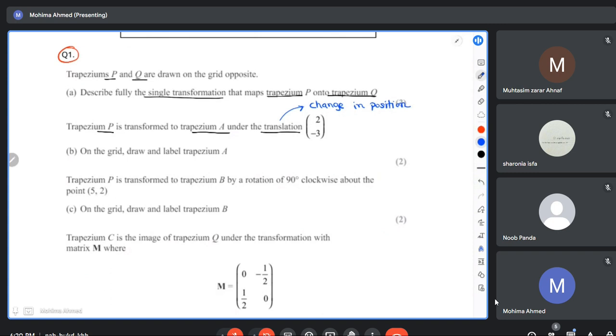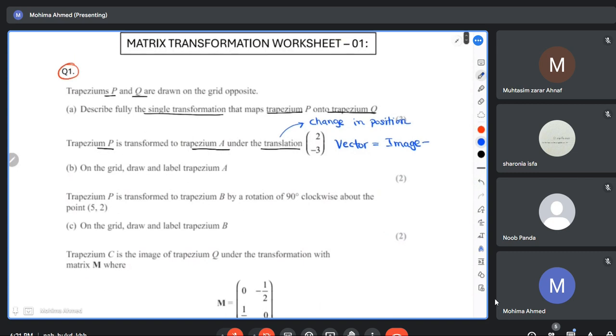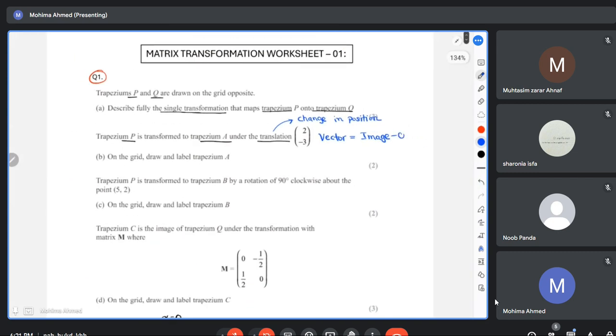Another thing, translation always comes with an equation, which is vector equals image minus object. Okay, this is vector equals image minus object. If there is any question, guys, please interrupt me and ask. Always, they're going to provide you with a vector. For example, this is the vector they're talking about.